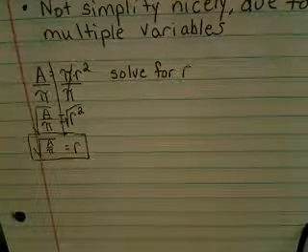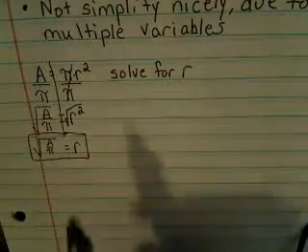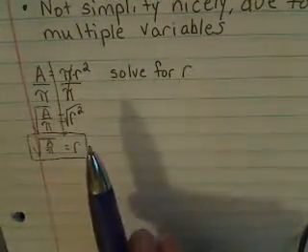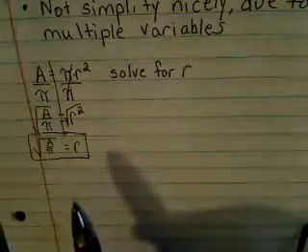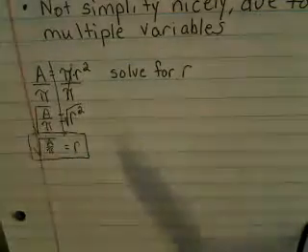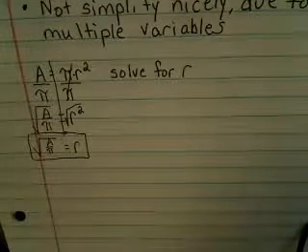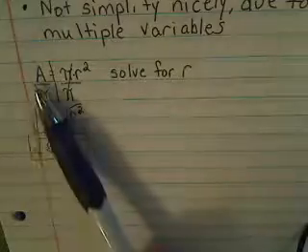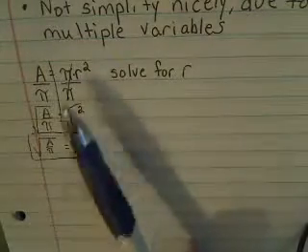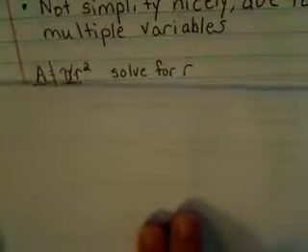All right, if you will please, over on the side, under where it says one-step equations, I would like for you to now write this down. I'm going to go back over it as you are writing it, okay? Starting off, put just a equals pi r squared, because that is the formula.